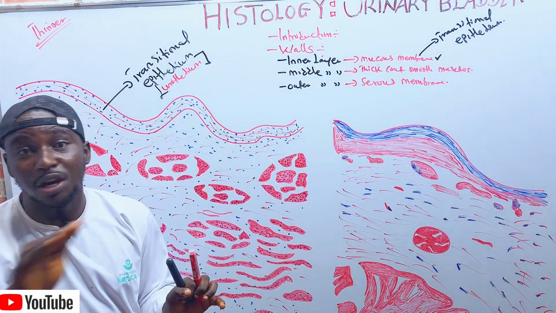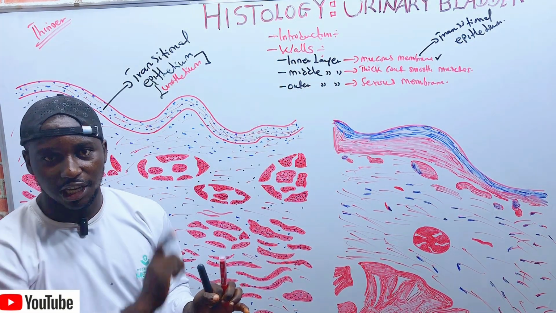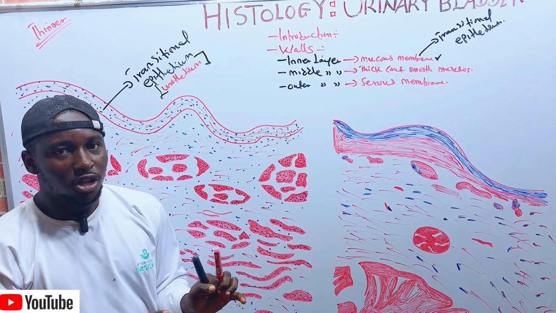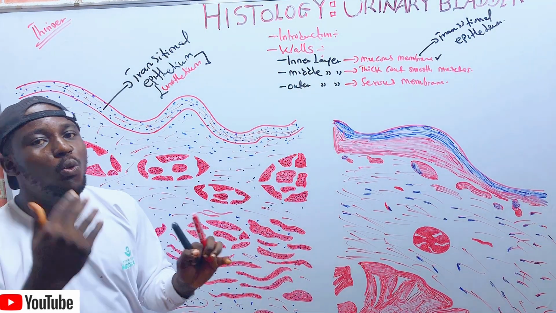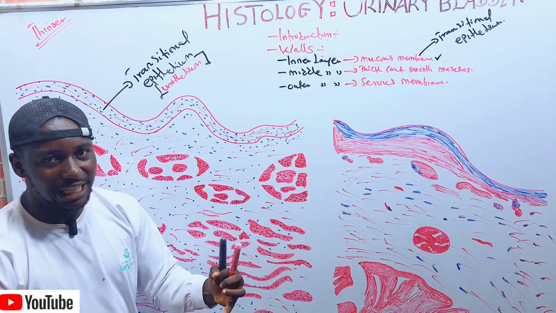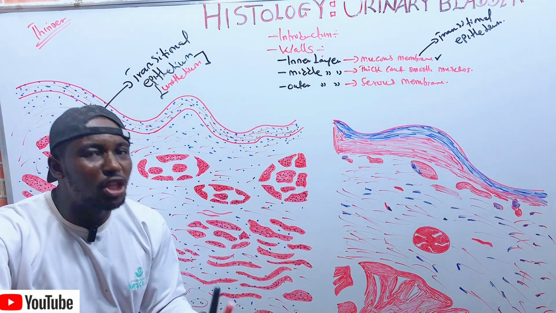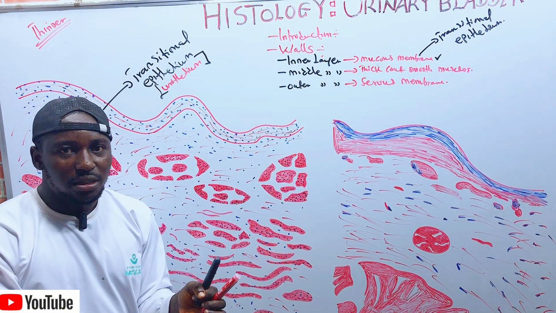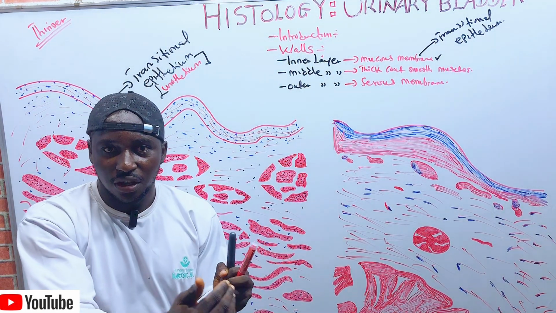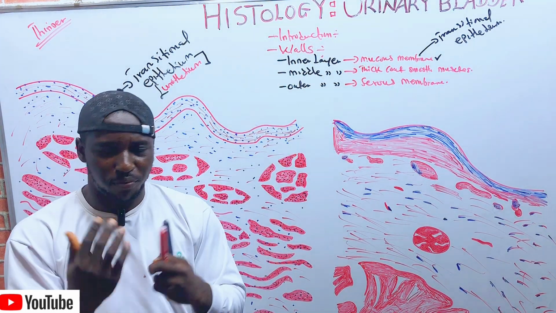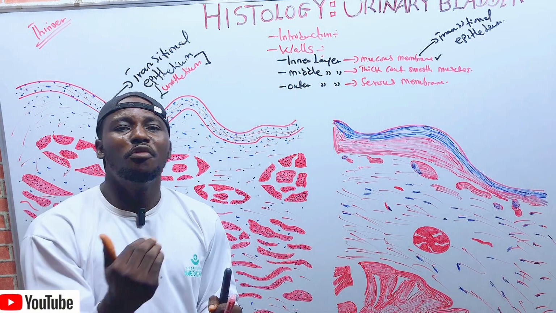It is not simple epithelium, because simple epithelium has a single layer of cells. So when the urinary bladder is distended, has urine, the lining epithelium becomes thinner. That occurs because the epithelial cells have the ability to change shape and shift over one another.